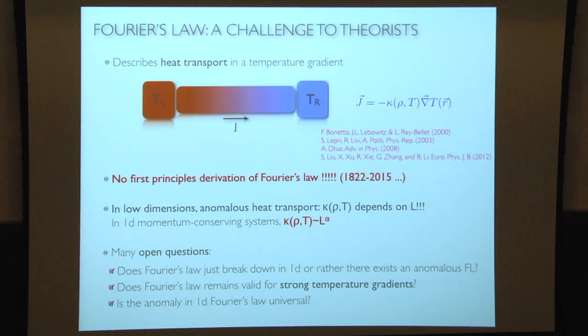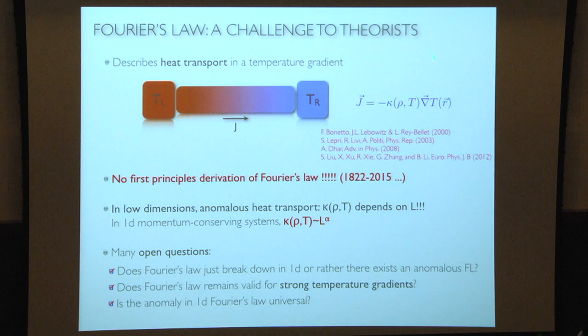Okay. So there are many open questions. The first of them is probably, what does it mean? This means that Fourier law just does not hold, it breaks down in 1D, or rather there exists some generalized Fourier law or anomalous Fourier law in low dimensions. If you look at this, it looks like a first-order expansion in the temperature gradient.